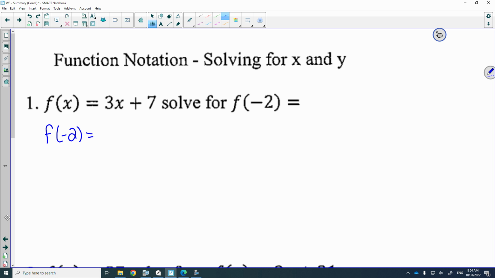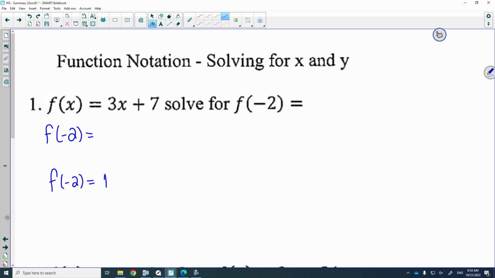Nicole, what do you have? She said y is equal to 1, which would be correct. And how you would do that, this comes out and negative 2 goes in. So that would become negative 6 plus 7, and that is 1. Remember, that's a point on your graph. That point is going to be when x is negative 2, y is 1.